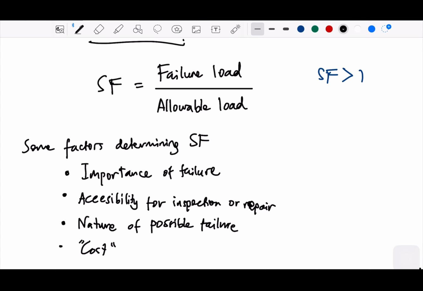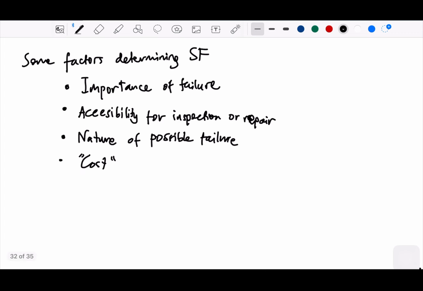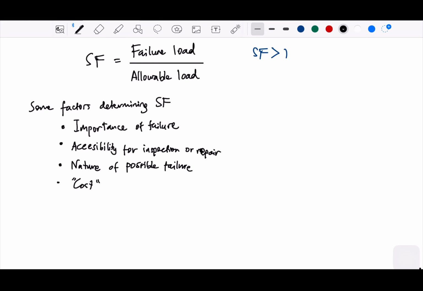Aside from this load, we can also write the safety factor in terms of the yield strength. So not the failure, but the yield when it's deformed plastically. So yield strength over allowable stress.